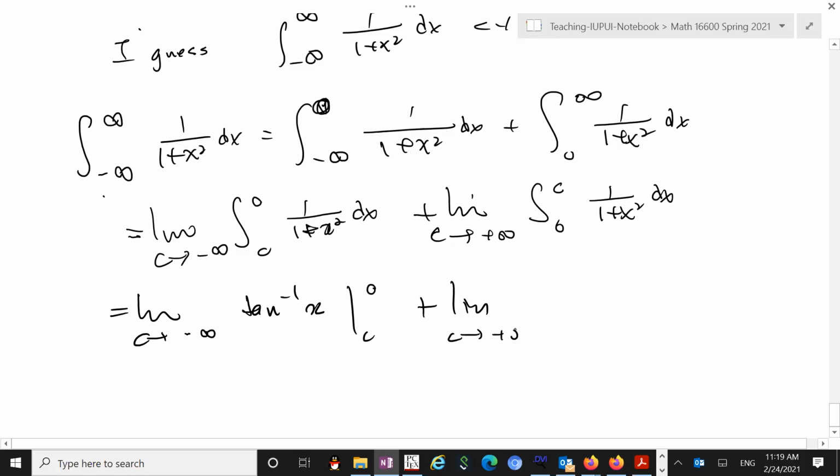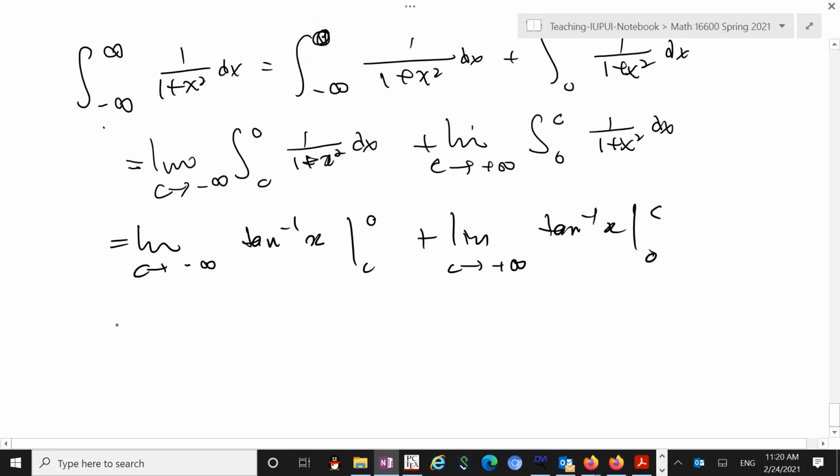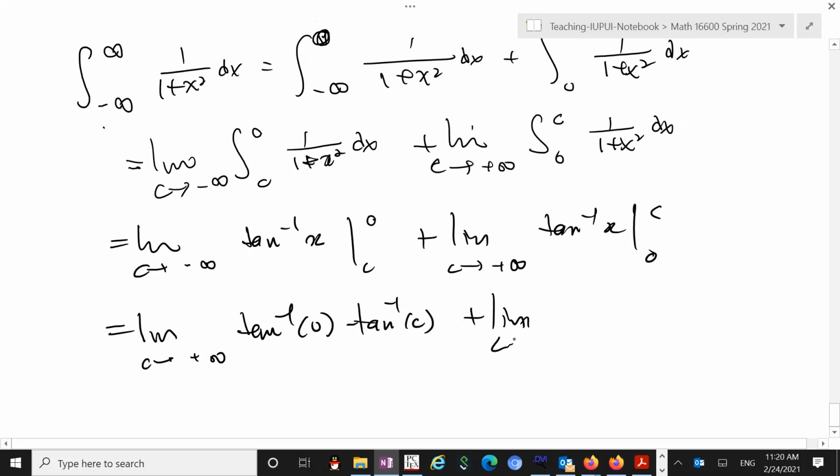This is the correct way to do the problem. Then you look at the difference: arctangent 0 is 0, minus arctangent c. And then here's the limit. Again, arctangent c minus arctangent 0. Arctangent 0 is 0.